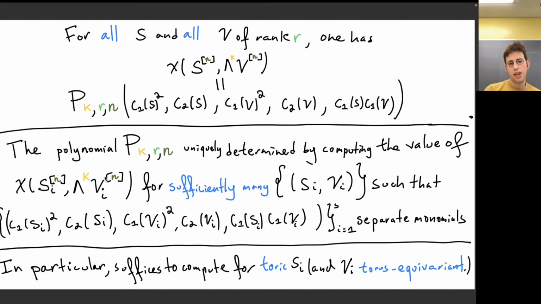Taken together, these will give me enough examples of Chern numbers to completely determine what the polynomial is if I know its value at these Chern numbers. And so to prove some general statement about the behavior of these descendant integrals, it turns out to be enough to compute them for toric S and equivariant vector bundles V.